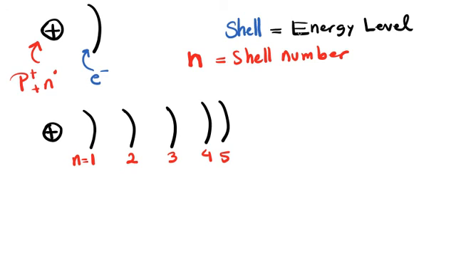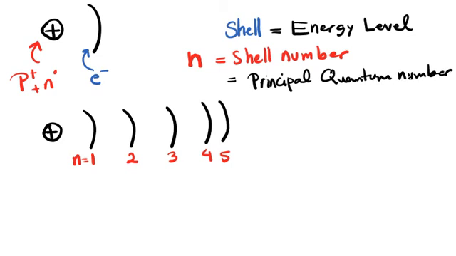Based on this new term, shell numbers can be called by one specific term. We call that the principal quantum number. What does that mean, principal quantum number?